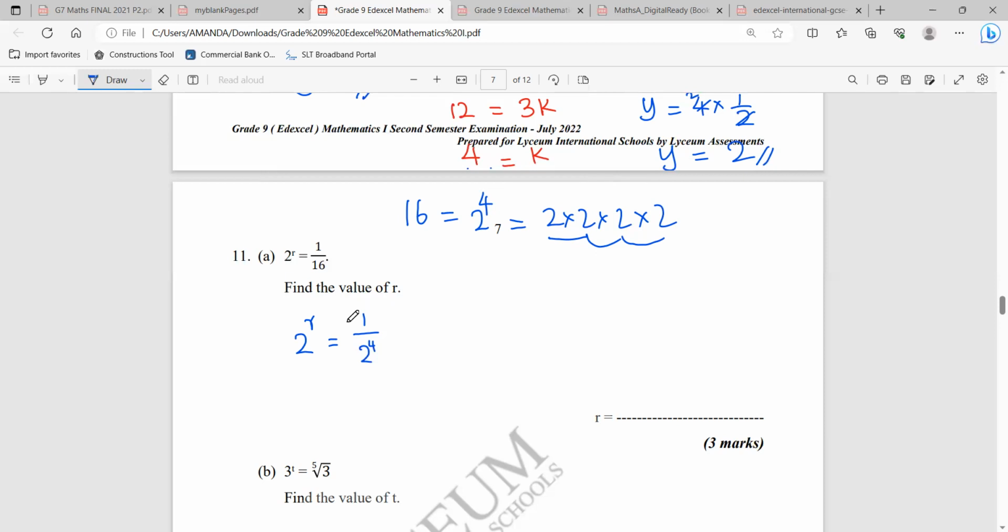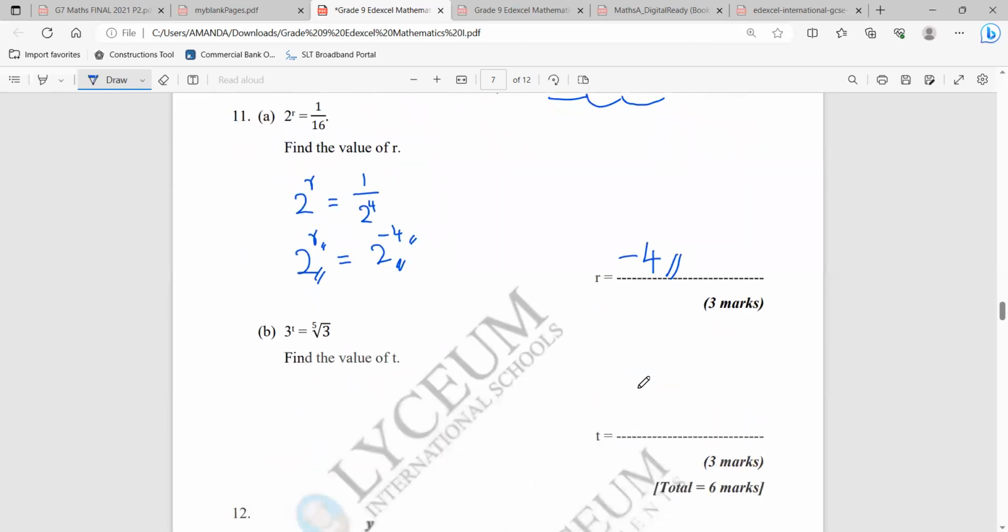I can take the base up, which is 2 to the power r equals 2 to the power -4. The power came up, became negative. Now, same base, r is -4. R is -4, 3 marks. Not a big calculation, so that's why it's 3 marks.